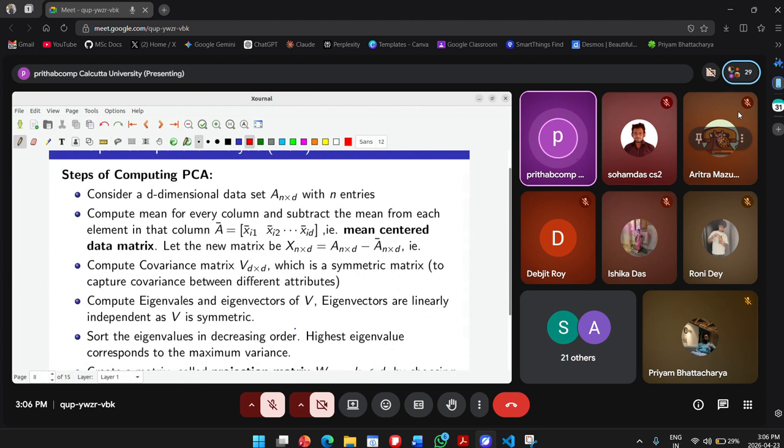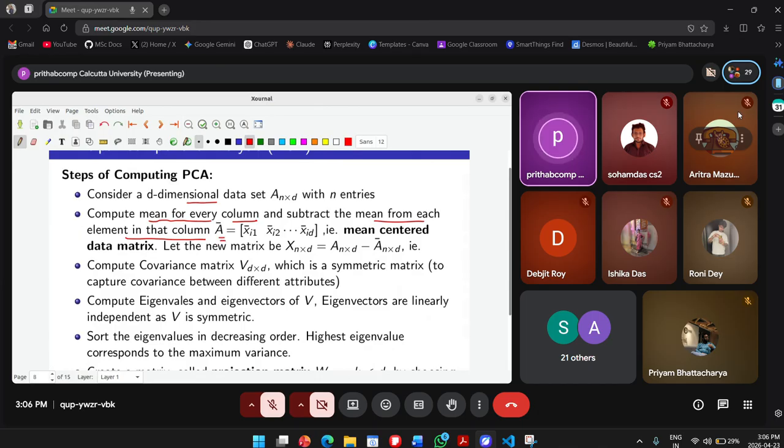So what we do essentially is consider a d-dimensional data set, let's say A, n cross d, with n entries. Then we do what we call mean centering. We compute the mean for every column and subtract the mean from each element in that column.